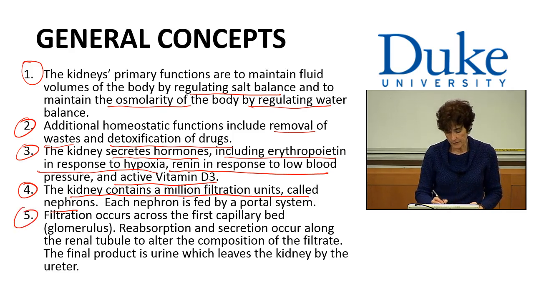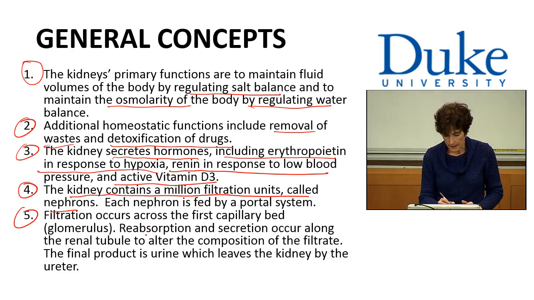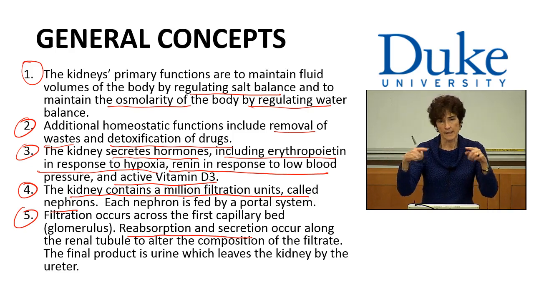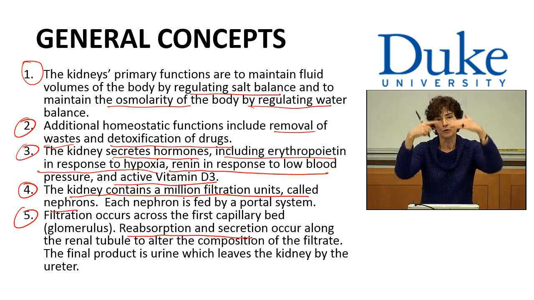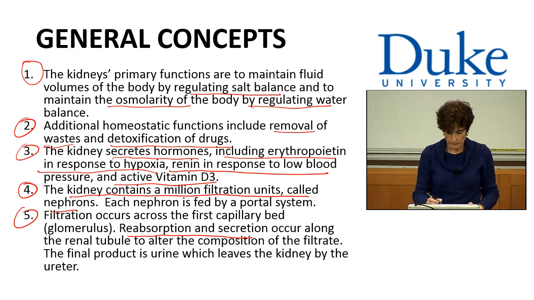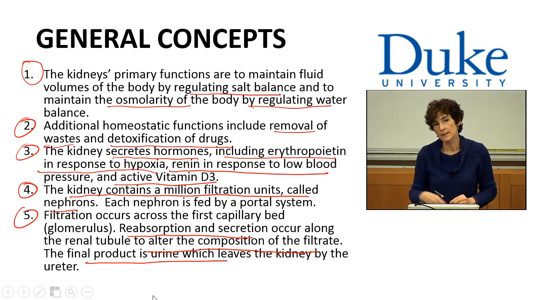And five, filtration occurs across that first capillary bed, the glomerulus, and reabsorption and secretion occur along the renal tubule. And so we're moving materials from the renal tubule either to the blood or from the blood to the renal tubule. And this will alter the composition of the filtrate. And the final product, which leaves the kidney, is called the urine.